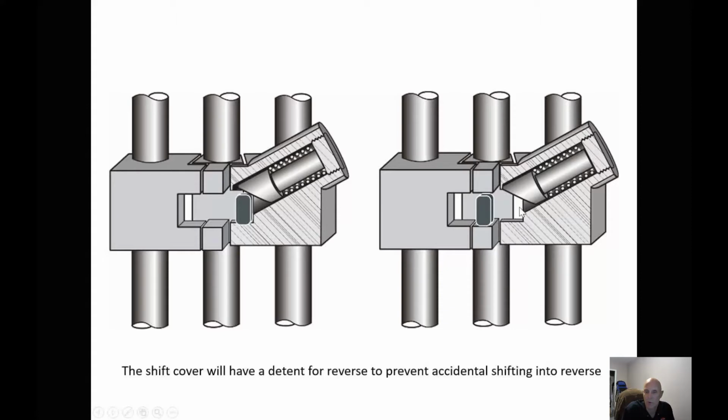So as we move this over, coming this way would be first, and pushing this up and going this way with the shift rail would be reverse. So when we go from first, we're going into second, third. As we go into second, if we miss this, we can't accidentally push it into reverse.